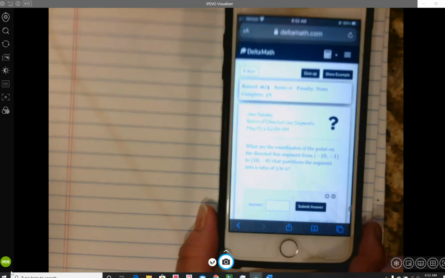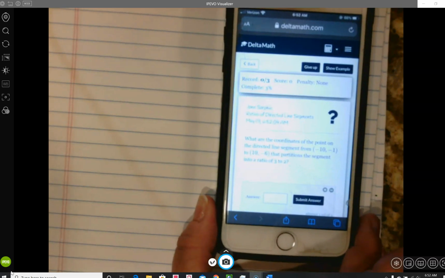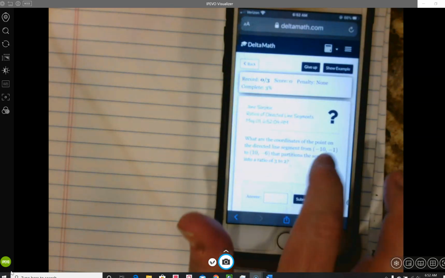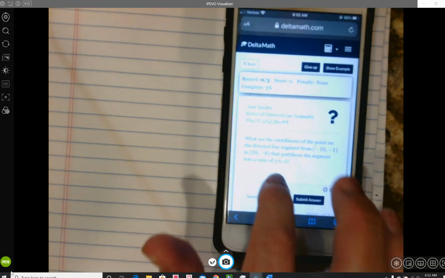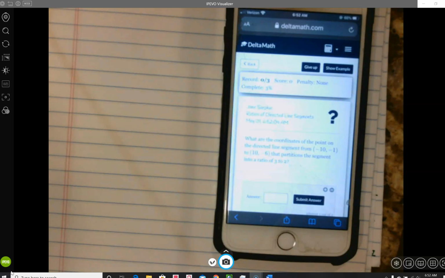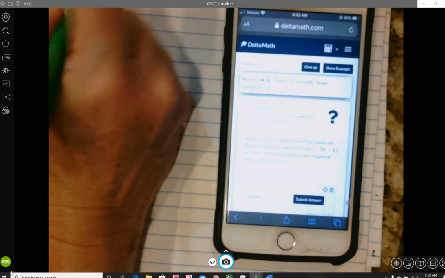And if we pull up one of the problems, we'll see that we're looking for the coordinates of a point on the directed segment, and they give us the end points and they tell us what the ratio is going to be. And so when we did those in class, we used a formula.